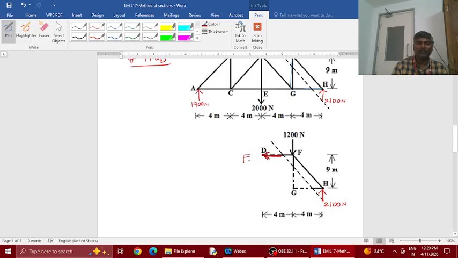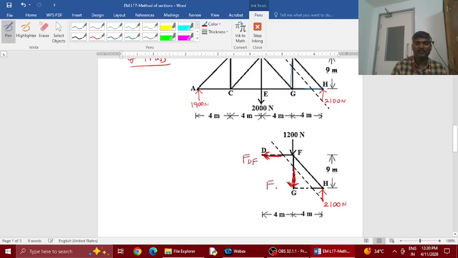So this is FDF. Same here also, this vertical member is cut. From the cut section, you represent the force away from the section, which means it is downward.